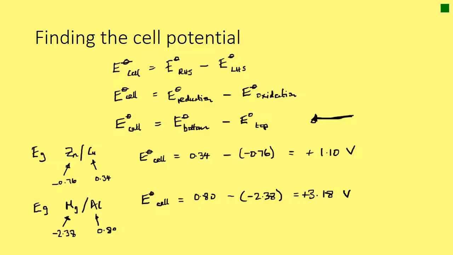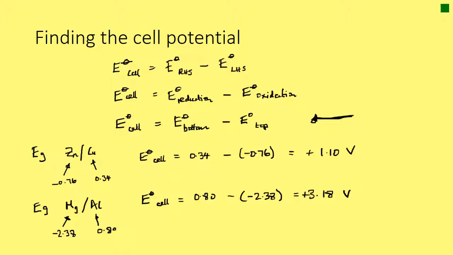The electrode potential for the cell would be the bottom value, aluminium, which is 0.8, and then you would subtract from that the minus 2.38 of the magnesium, which is going on the top with the anti-clockwise rule, and that all comes out at positive 3.18 volts.